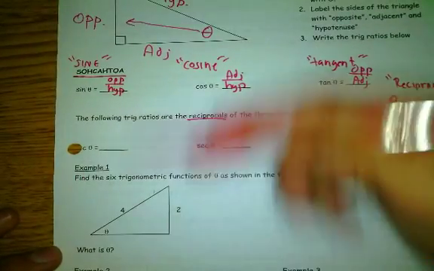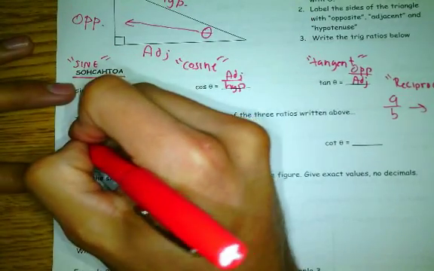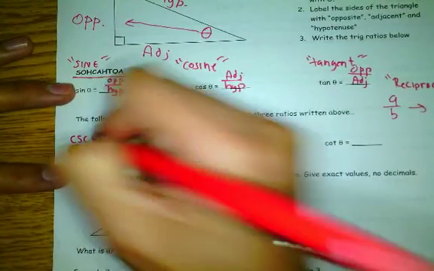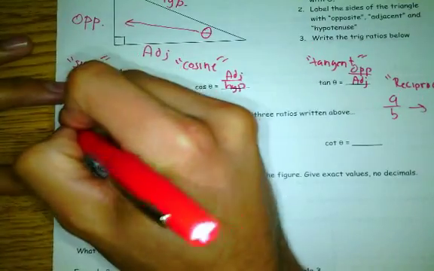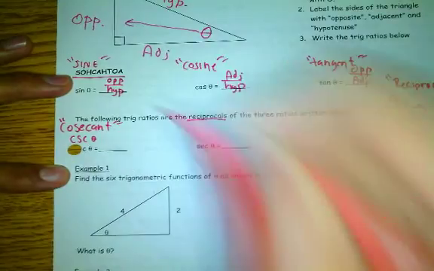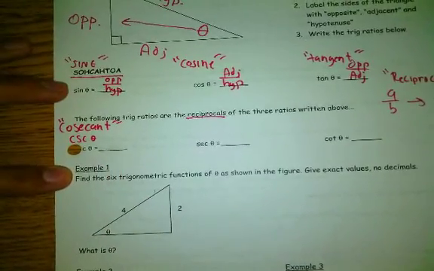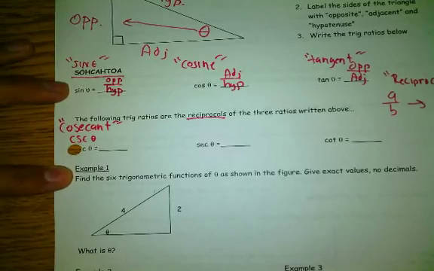Now, this one got cut off, but it looks like this, csc theta. That stands for cosecant. So cosecant of theta is the reciprocal of sine. So what does it mean? How are you going to find cosecant? Hypotenuse over opposite. Very good.